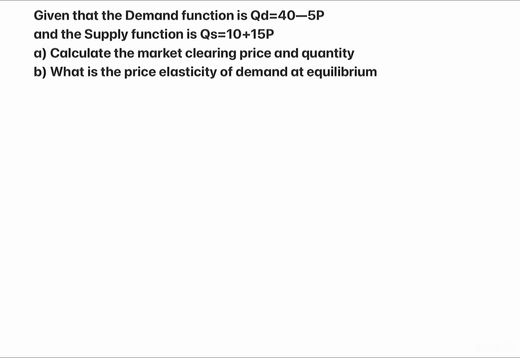Market clearing price and quantity means equilibrium price and quantity. Anytime you hear the word equilibrium or market clearing, it simply means equate the demand function to the supply function.